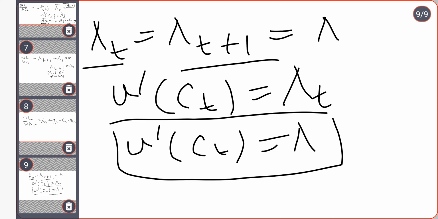Now we will basically derive the risk aversion consumption function. What is risk aversion consumption function?